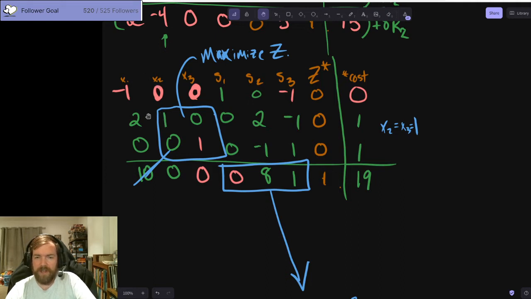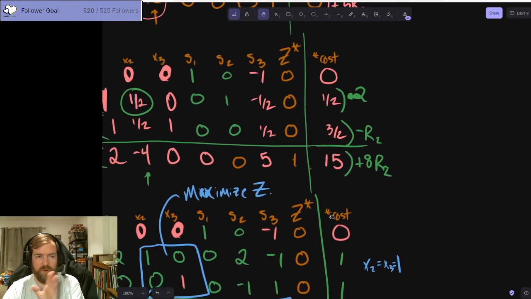x2, again, x1, s2 and s3 are 0, so x2 is 1. And again, x3 is also 1. So x2, x3 are both 1. And that would be our solution. So we would look for the point where x1 is 0, x2 is 1, and x3 is 1.